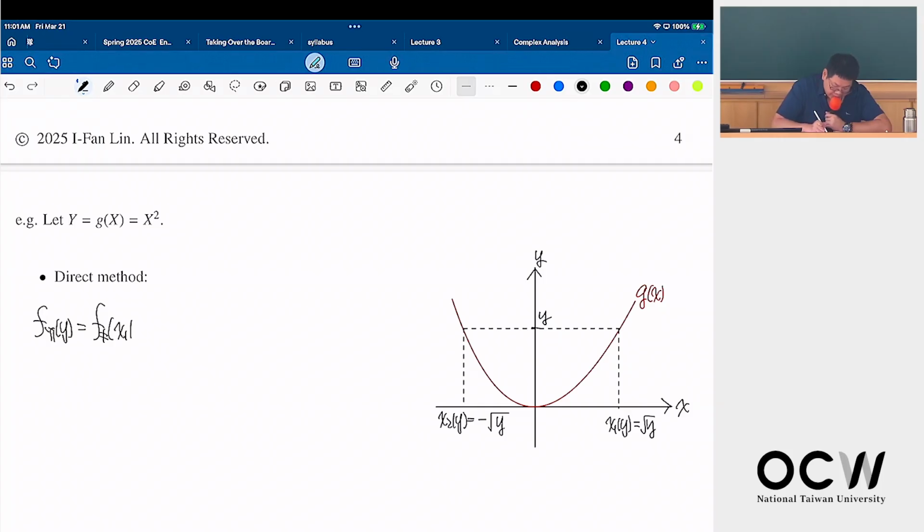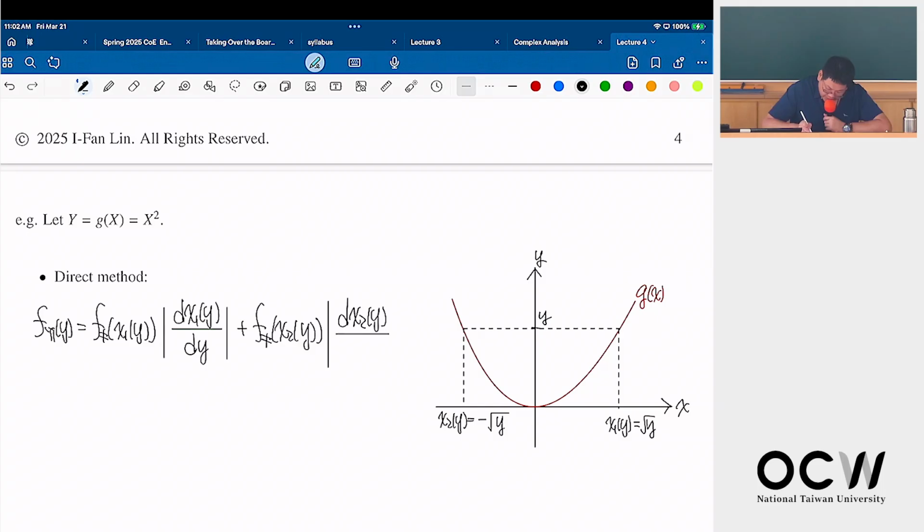So x1 of y times their derivative, dx1 of y over dy. And then the second part, x2 of y times dx2 of y over dy.